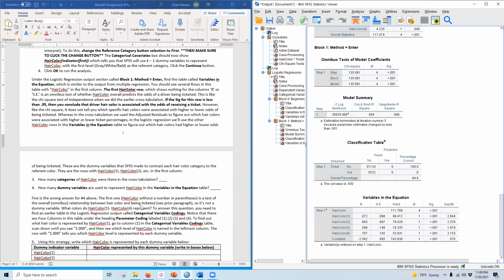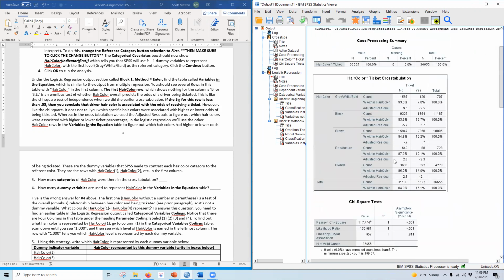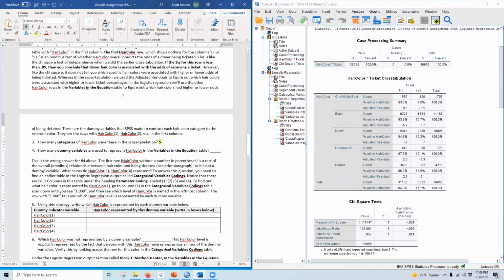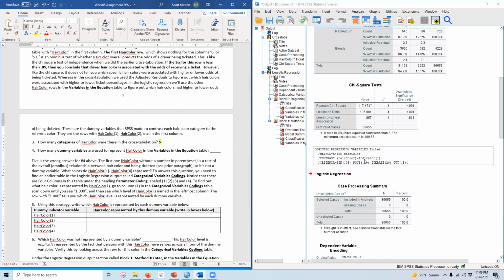And then we get the variables in the equation. So how many categories of hair color were there in the crosstab? I don't know. There's 1, 2, 3, 4, 5. So our answer here is 5. And for some reason, this really confuses people. I'm just trying to baby step you. How many dummy variables are used to represent hair color in the variables in equation table?